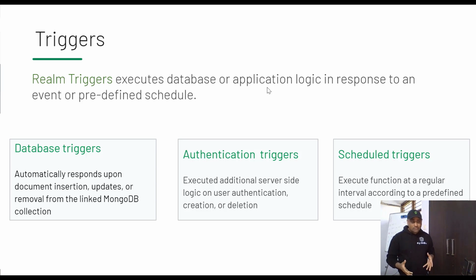There are authentication triggers: when you perform user authentication, user creation or user deletion, and on top of that you want to do something like sending email, you can do that using authentication triggers. And it has scheduled triggers as well. What does it mean? Your function can run at a regular interval according to a predefined schedule. So these are the three types of triggers in MongoDB Realm.